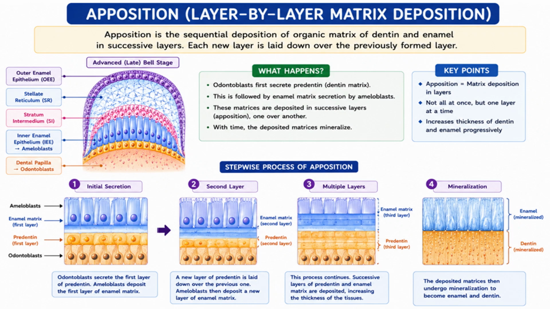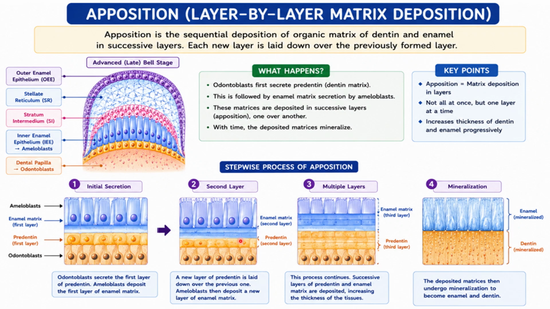Now let's talk about another important event that occurs in the advanced bell stage of tooth development, that is apposition. So what is it? It is a sequential deposition of organic matrix of dentin and enamel in successive layers. Each new layer is laid down over the previously formed layer. The odontoblasts secrete the first layer of pre-dentin, and the ameloblasts secrete the first layer of enamel matrix.